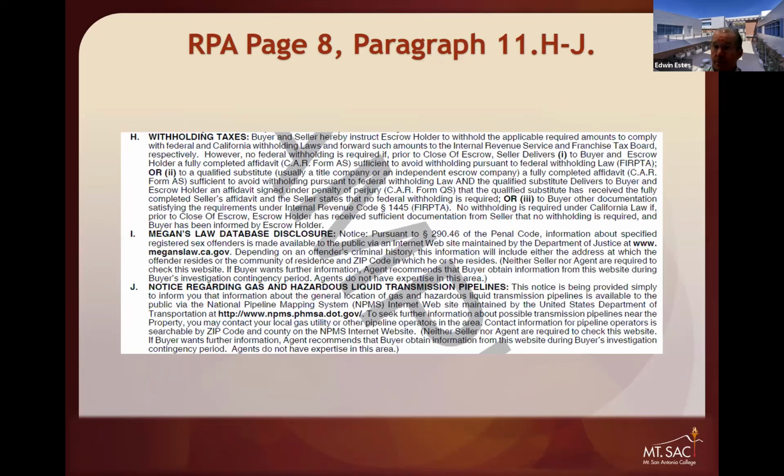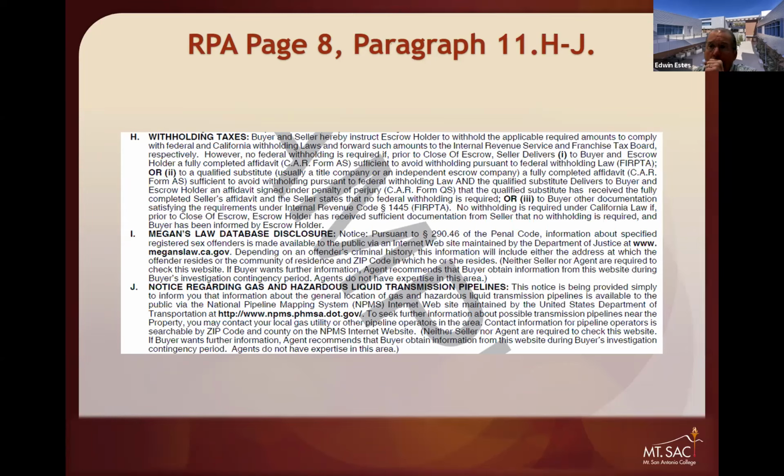Withholding taxes. We all know this as FIRPTA, right? So the paragraph has been changed. The paragraph now says the buyer or qualified substitute will make the withholding. So the withholding will be made unless the seller provides the AS form, which you know as the FIRPTA form, to the buyer or the qualified substitute.